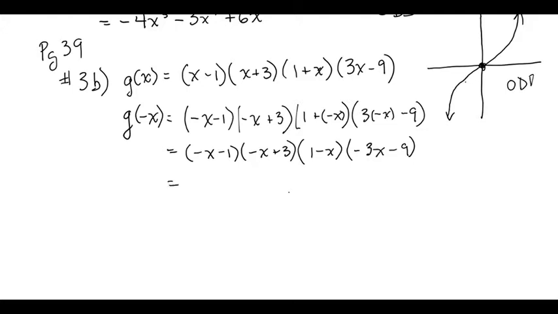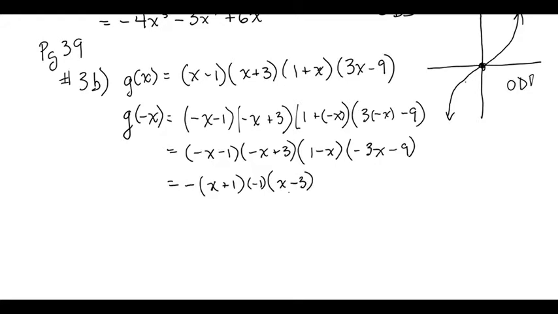And to simplify, we want to make sure, is it looking exactly like the factors above? Okay, right now it's not, but what would happen if we factored out a negative 1 from each factor? So if I factored out a negative from the first factor, I'm going to get x plus 1. If I factor a negative 1 out of this factor, I'm just dividing out a negative 1, the result is x minus 3.